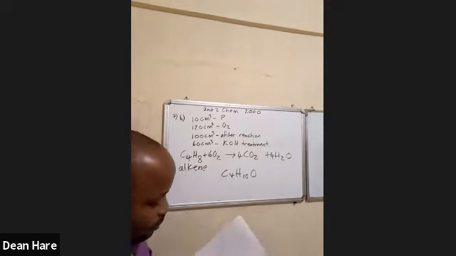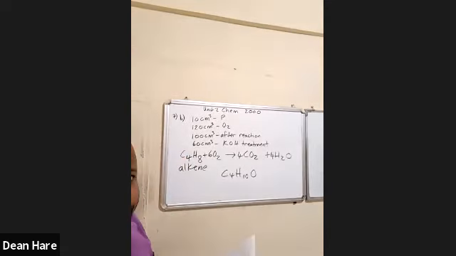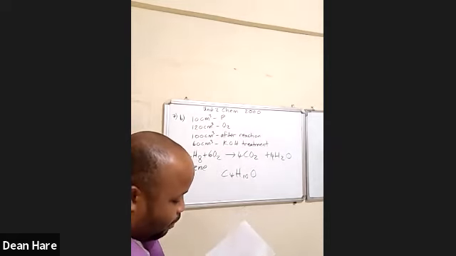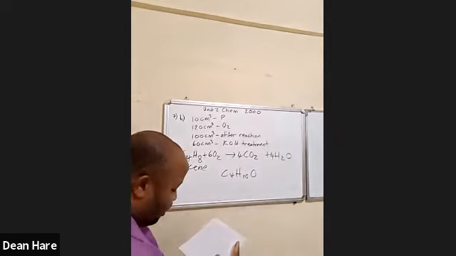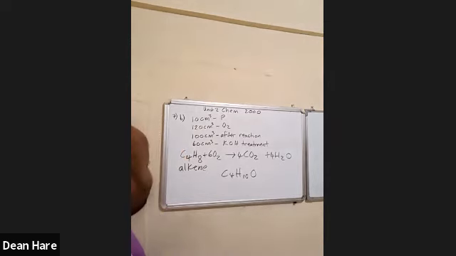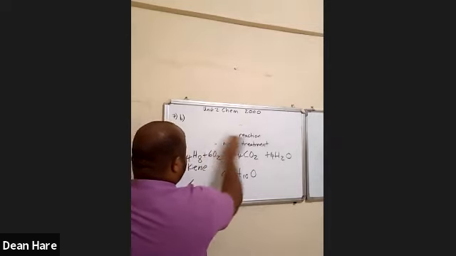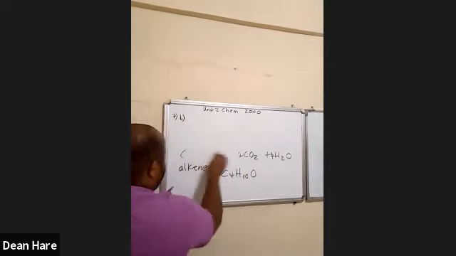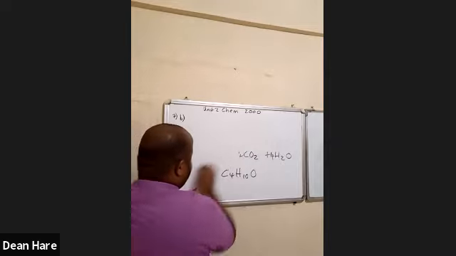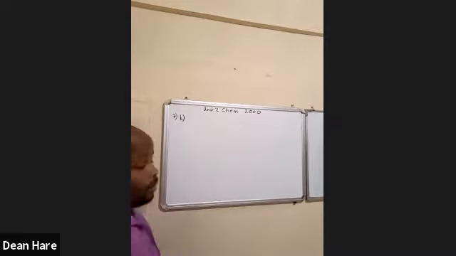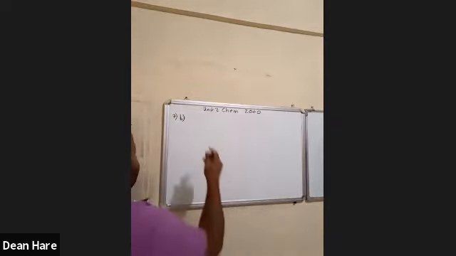The next question now says that we should name and draw the displayed formula of isomer Q and give 2 reasons for our answer. So we know that compound P is an alkene.